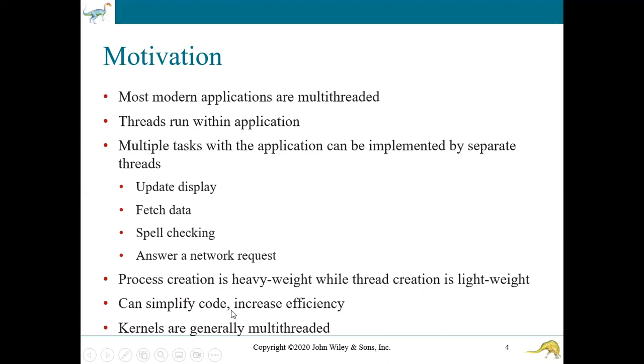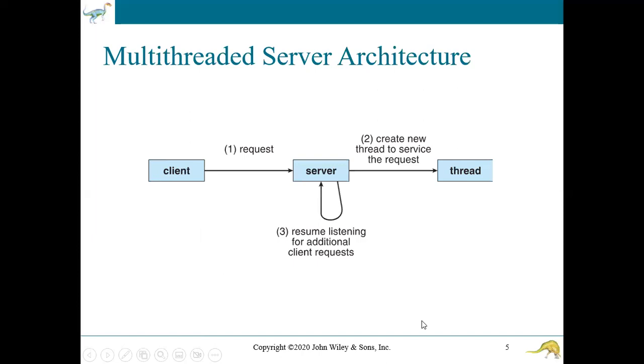Thread programming can simplify code and increase efficiency, because kernels are generally multi-threaded. Look at the client and the server: spawning a child process, like a thread here, to serve a service request.